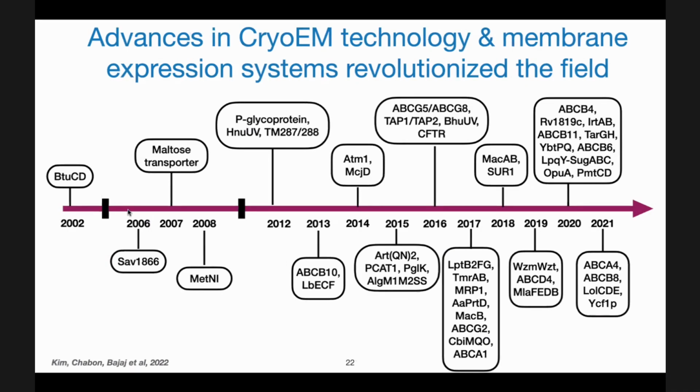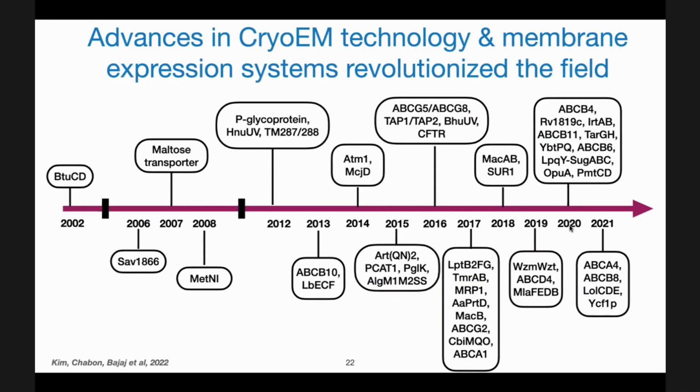You can see that the ABC transporter structural field started in 2002 with the BtuCD structure by Doug Rees, and then it was in a lag phase until 2012. But since 2013, when we got the advancements in cryo-EM and expression systems, it started moving along. Then in the last era, from 2017 to 2021, it has been blooming, basically bursting.